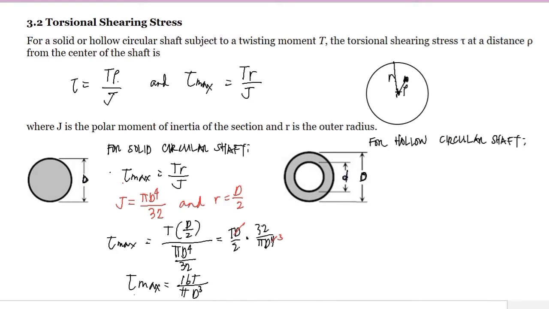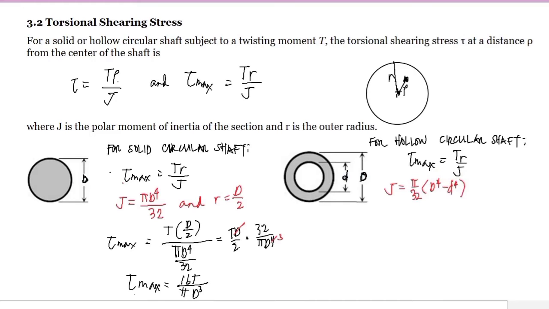So using the same formula, we have the maximum shearing stress is equal to TR over J. But in hollow circular shaft, the polar moment of inertia is equal to pi over 32 multiplied by D to the fourth minus d to the fourth.